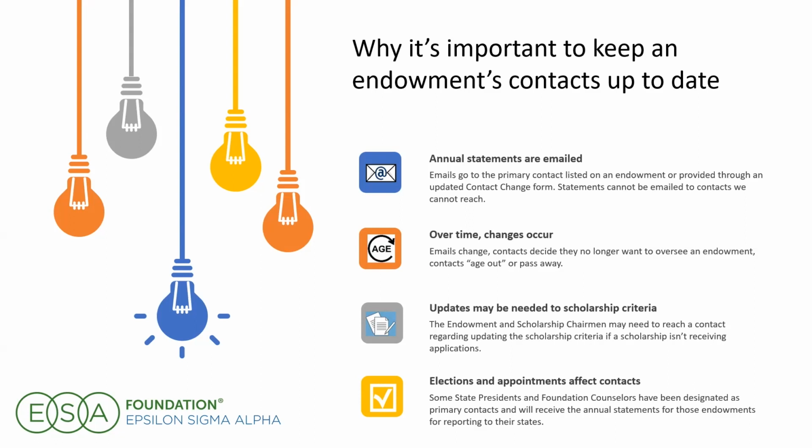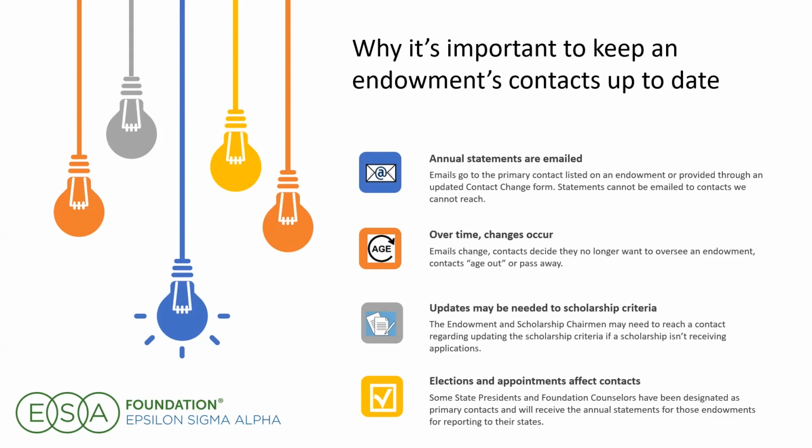We also need those updates to update the scholarship criteria, because the endowment and the scholarship chairman may need to reach out to a contact regarding updating that criteria if a scholarship isn't receiving applicants. And this generally happens if a scholarship hasn't been receiving applicants over a period of years, not just one year.